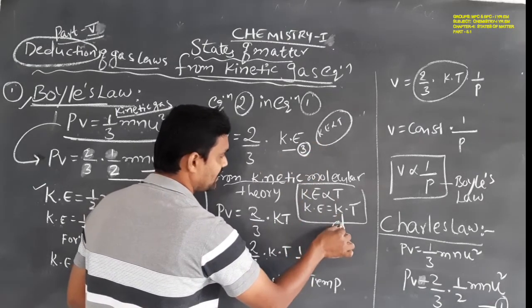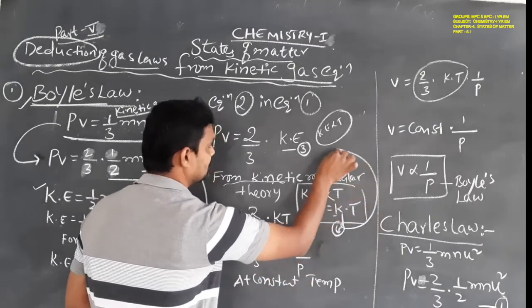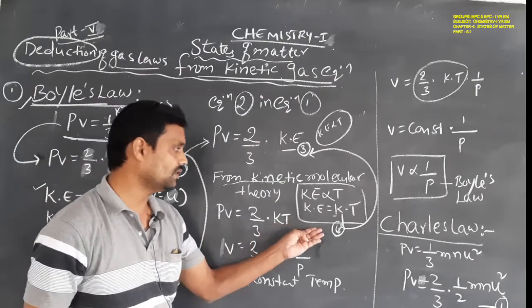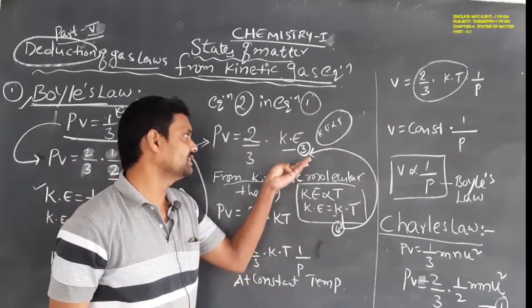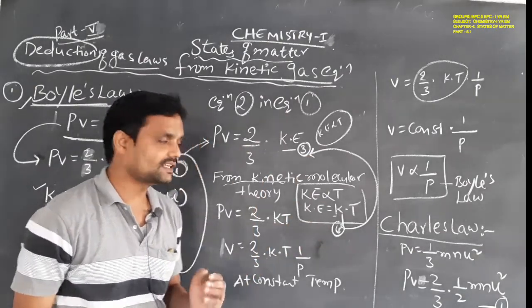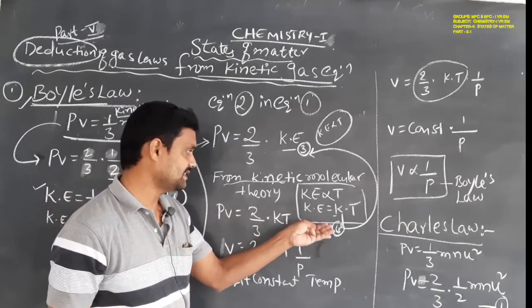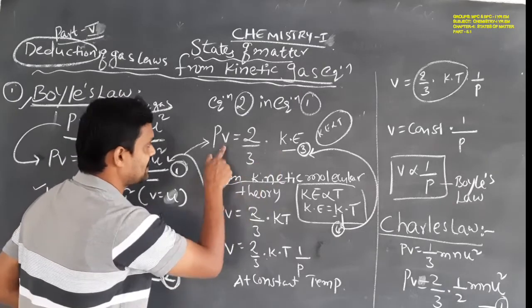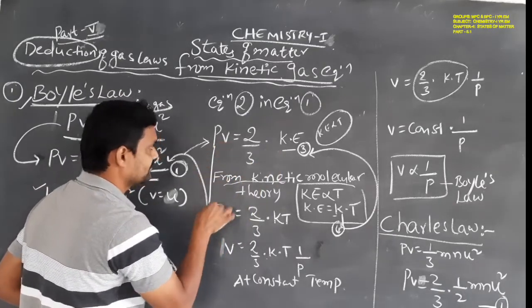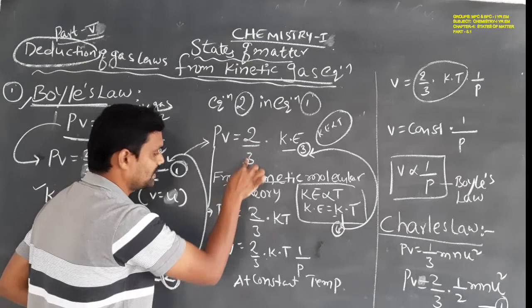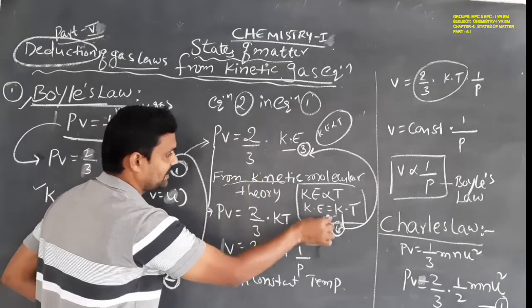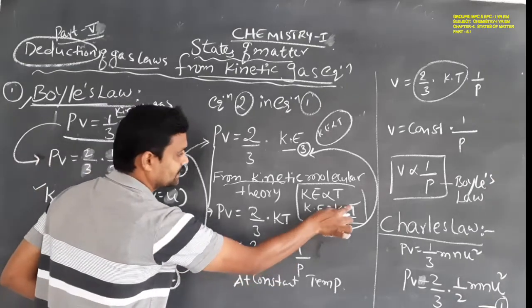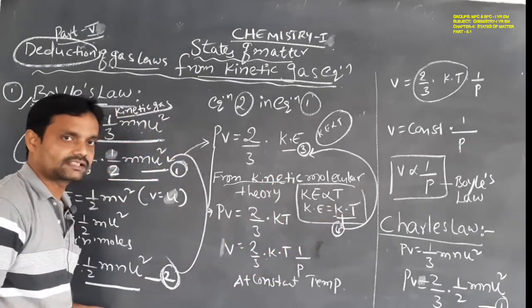This KE value is substituted in equation 3. That means equation 4 is substituted in equation 3. Then equation 3 changes as PV equals 2 by 3, and in place of KE we substitute K into T, from equation 4.